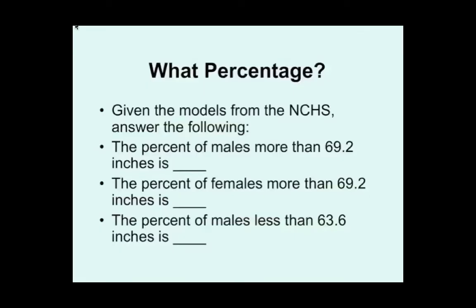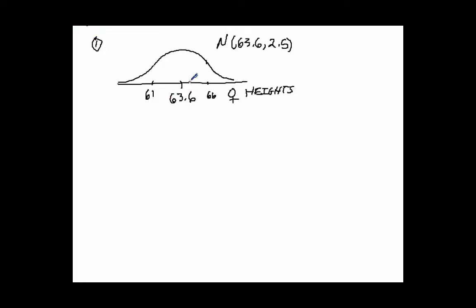Now let's see, what was the question they wanted to know? What percent of females are above 69.2? Now here's why we did these points: this distance from there to there was one standard deviation. So let's move another standard deviation up. If we go up another 2.5 inches, that's going to get us to 68.5.